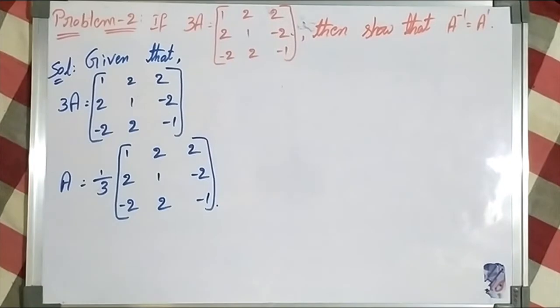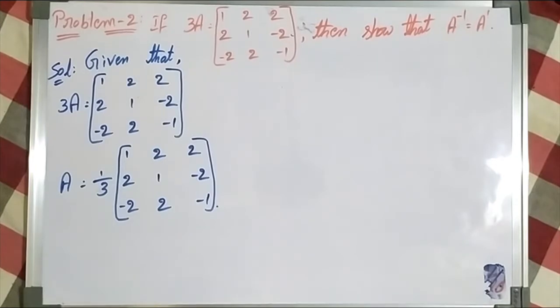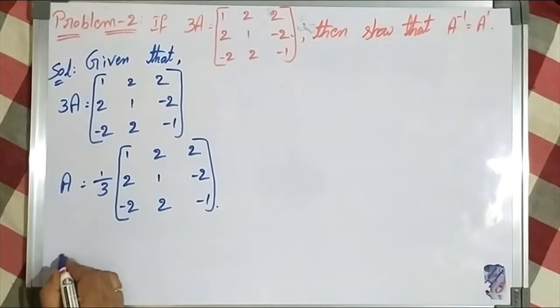This is the given matrix A. We have to show A inverse equal to A transpose. First we can calculate the A transpose value and then calculate the A inverse value. First calculate A transpose.